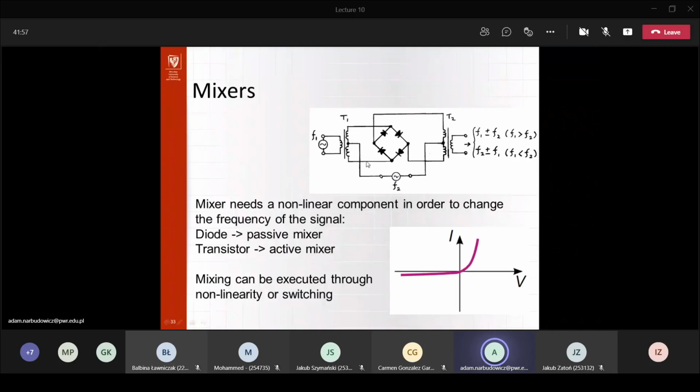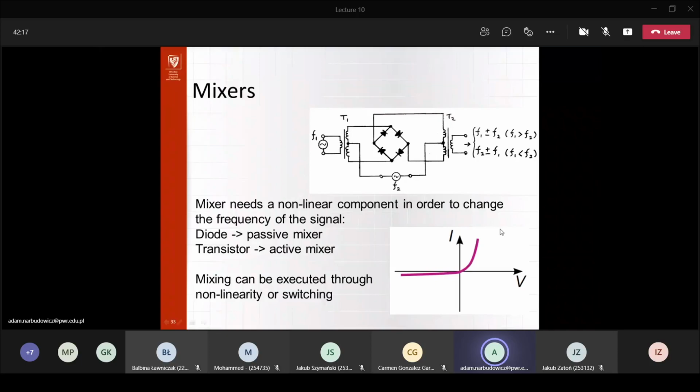And because of the diodes, basically the magic happens. But what's exactly happening here? Well, we have two different signals at two different frequencies, which are embedded together. So far so good.